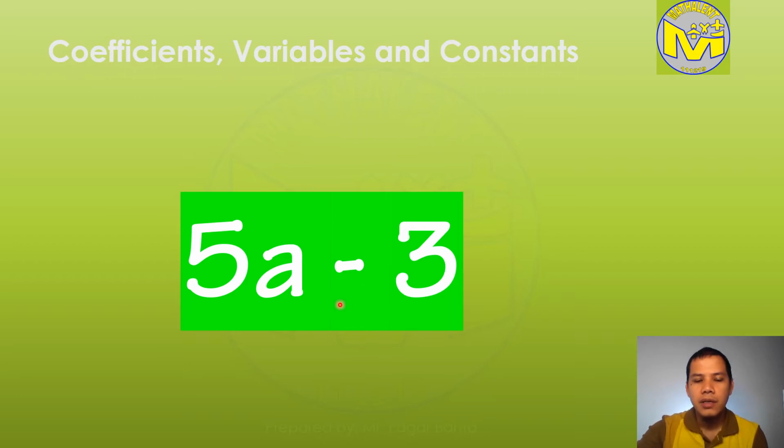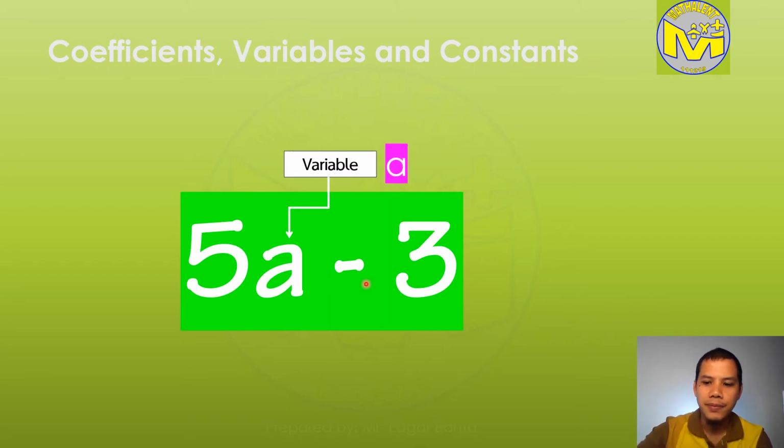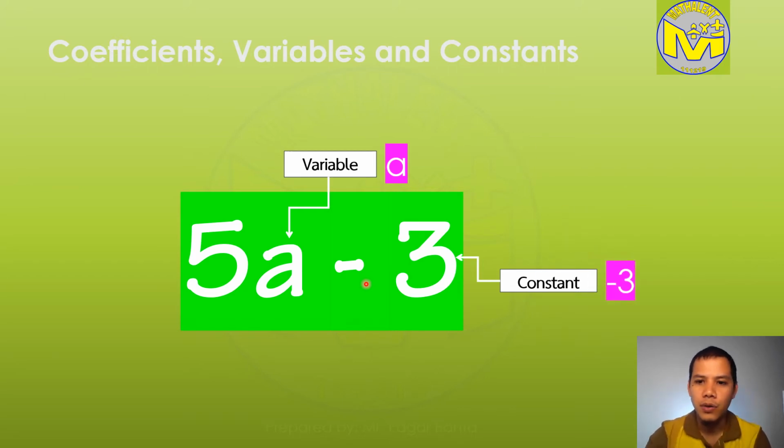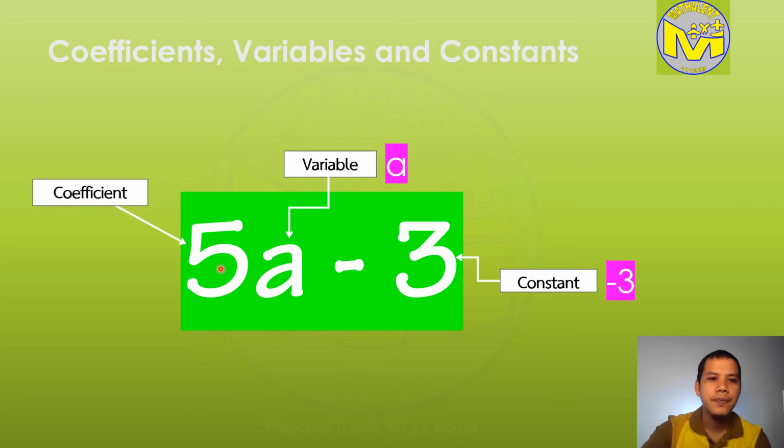Now, what is a? a is a variable, okay? And 3, or minus 3, or negative 3, is a constant. So what is 5? 5 is the coefficient of a. So we have one coefficient in this expression. Got it?